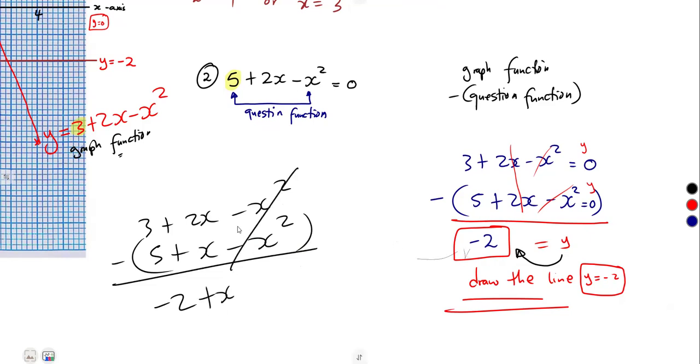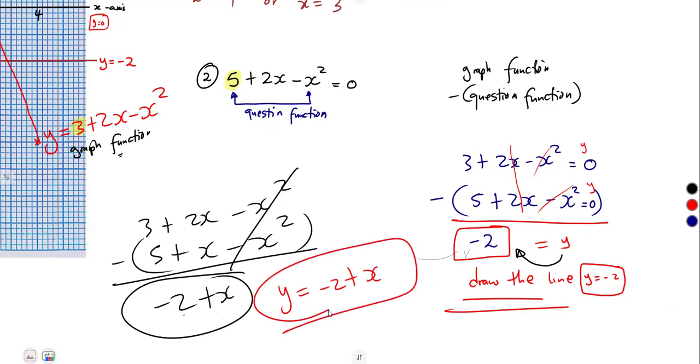This one cancels. So this difference is the one that you're going to draw: y is equal to minus 2 plus x. That's a straight line. We use the table of values. If it was like this, you draw that line.